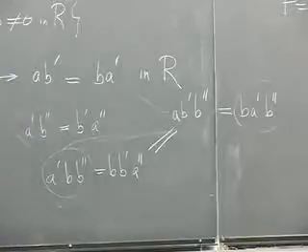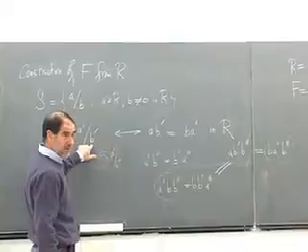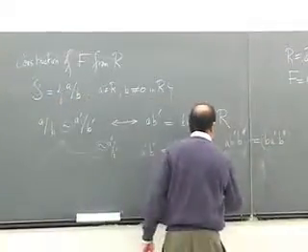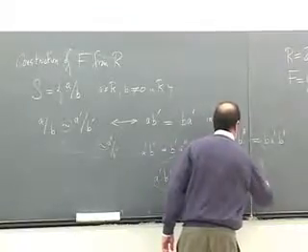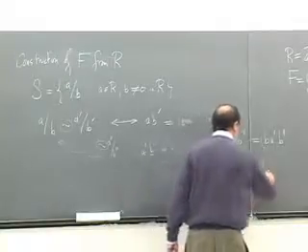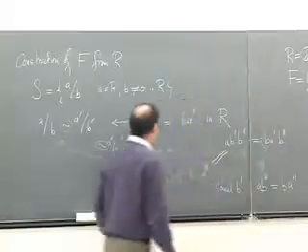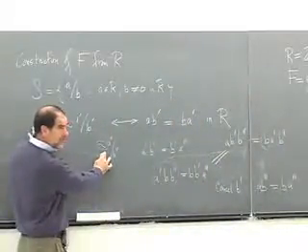And B prime is not equal to 0 because it was one of the denominators. So I can cancel by something that's not equal to 0. So cancel the B prime to get A B double prime is equal to B A double prime, which is the fact that this number is equivalent to this number. Tricky, huh?